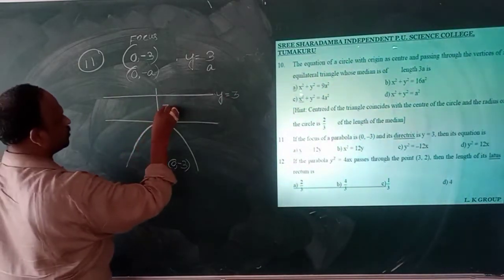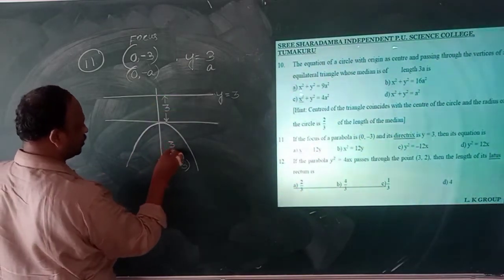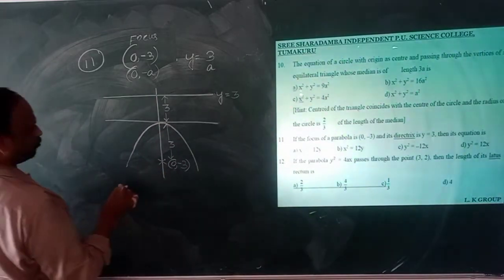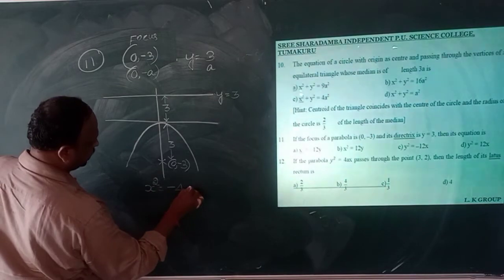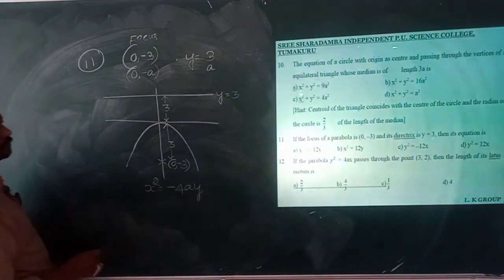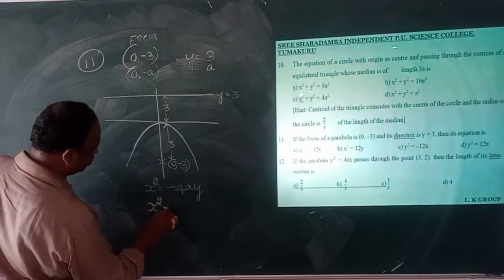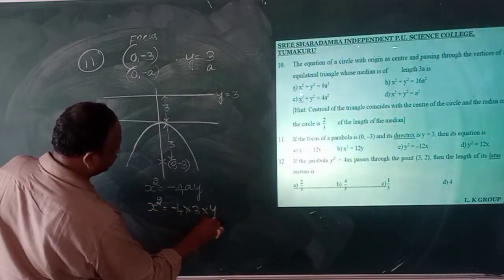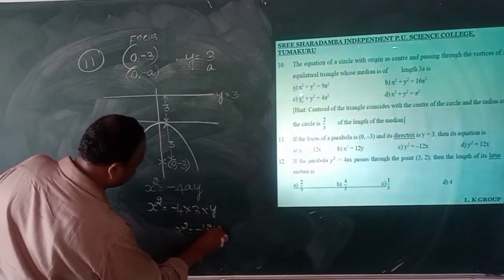So this is 3, this is also 3. Therefore x square is equal to minus 4ay. X square is equal to minus 4 into a, which is 3, into y. X square is equal to minus 12y.